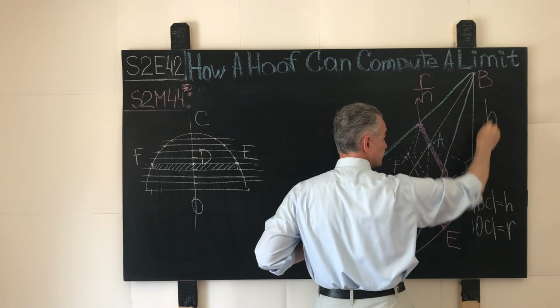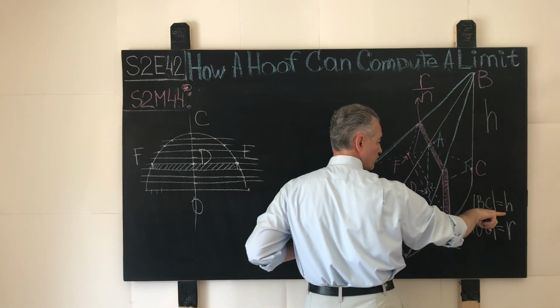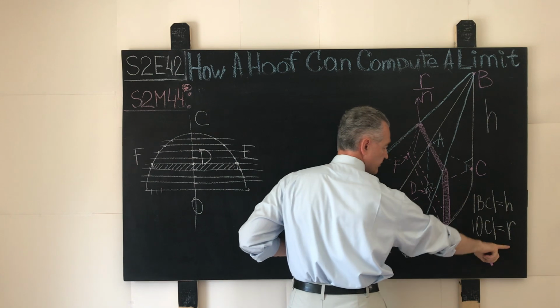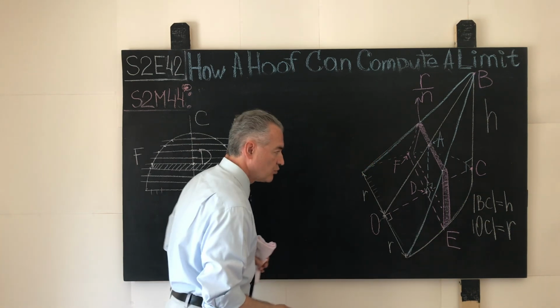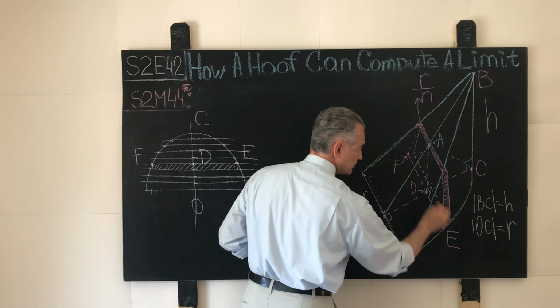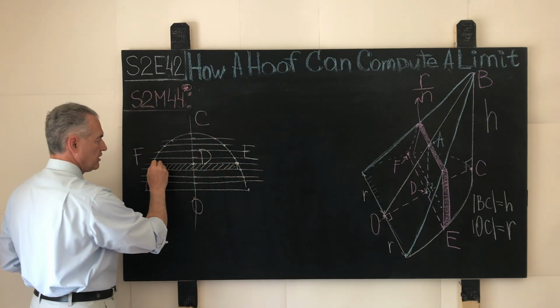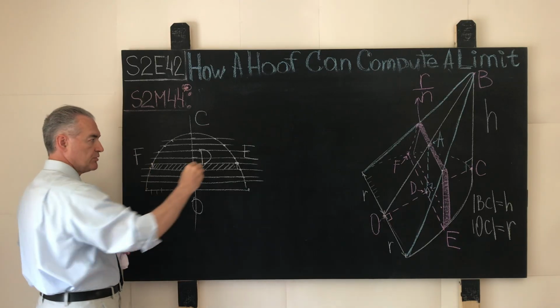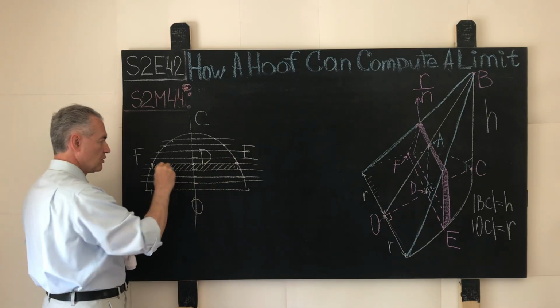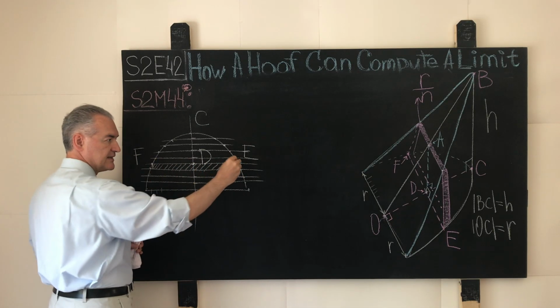Remember, BC is now the height H. I reflected it over here. OC is still the radius. And when we obtain the points E and F, as I explained over here, through these guys, perpendicular to the board, boom, we run two line segments.